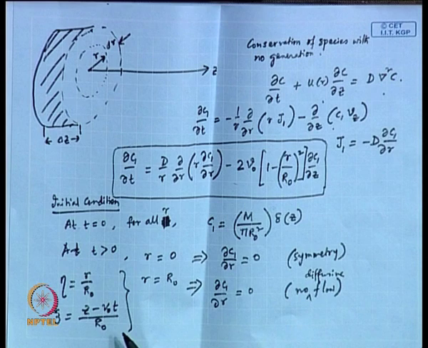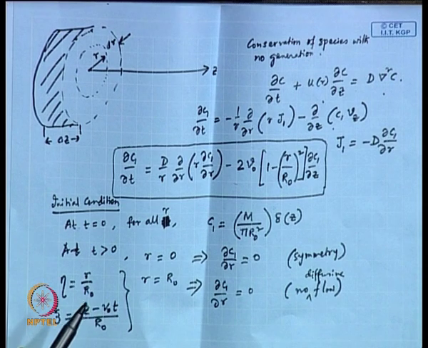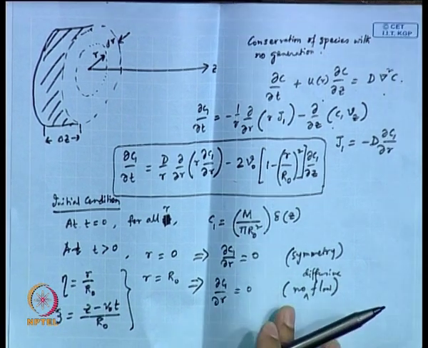Then you have introduced two dimensionless quantities: one is eta, equal to r by R0, the dimensionless radius, and another is the dimensionless axial distance, zeta, equal to z minus V0 t by R0. Z minus V0 t arises from the moving coordinate, that means this entire spot is moving at an average velocity V0, so you are accounting for that.